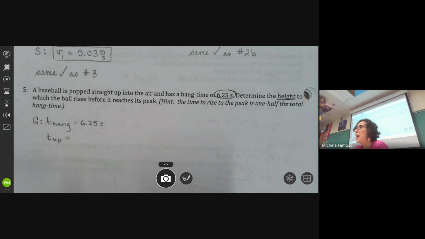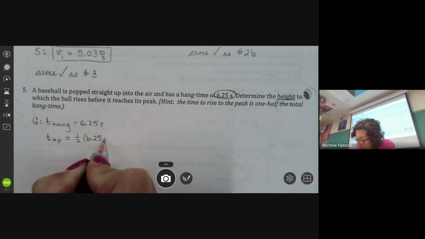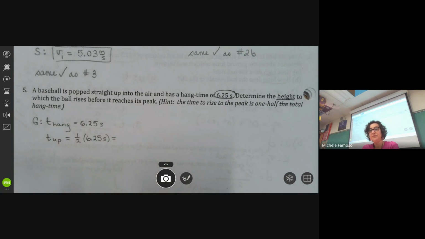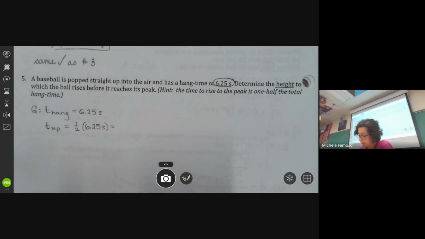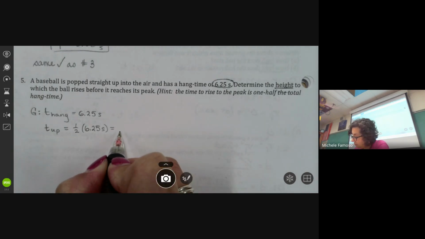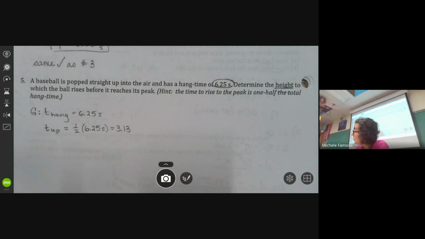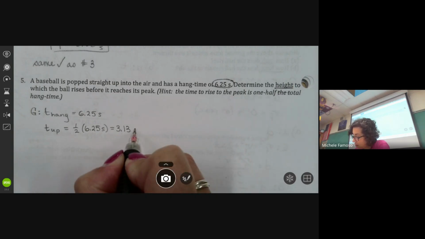How do we get the time up then? Ryder? Divided by 2. So it's half of 6.25 seconds. So Kira, what does that mean with 3 sig figs? The time up is 3.13 seconds. Okay.